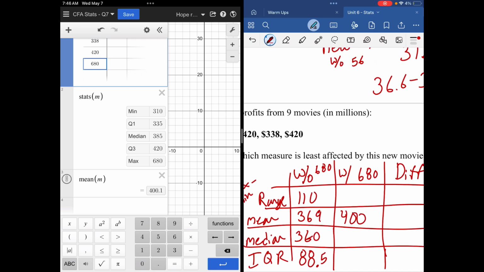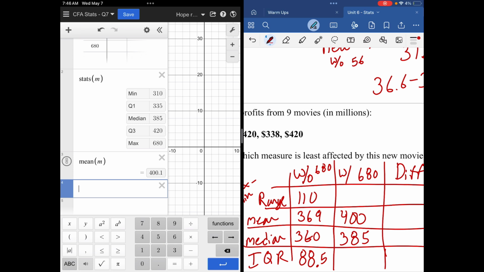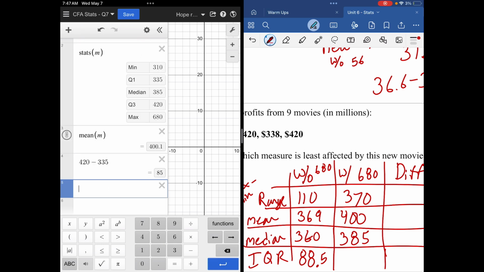My new median is 385. Now, to find the range, we do max minus the min. So 680 minus 310, we get 370. And then the IQR is Q3 minus Q1, so 420 minus 335, and that leaves us with 85.